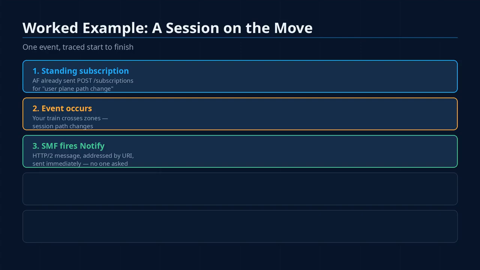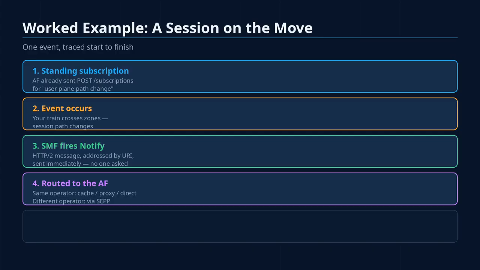If that application function happens to be sitting inside the same operator's network, the message takes the direct or proxied route we walked through. Check the cache, find a proxy if one applies, or connect straight to the authority server. But suppose that application function is actually run by a different company, sitting behind a different operator entirely. Then the message doesn't go directly at all.